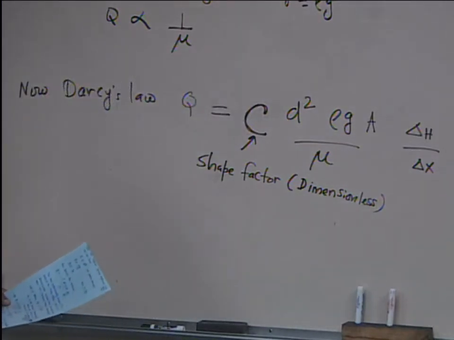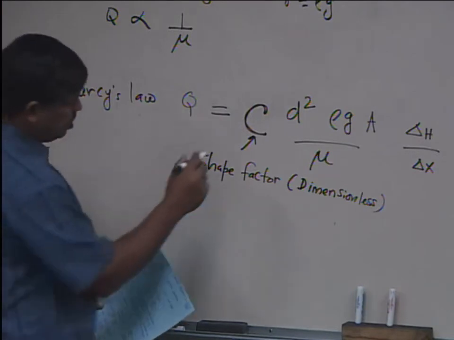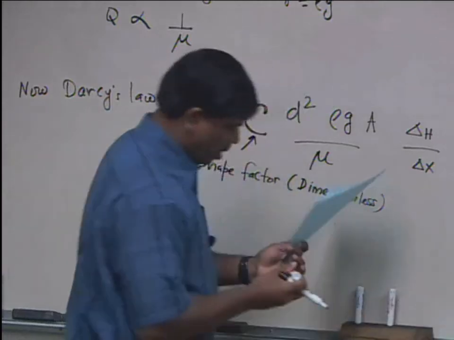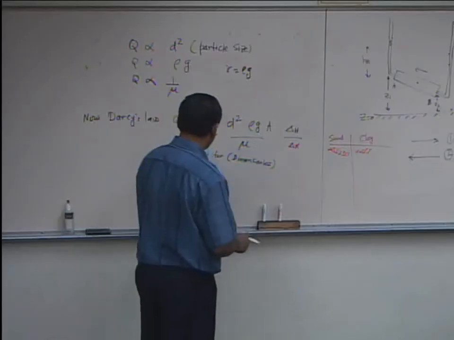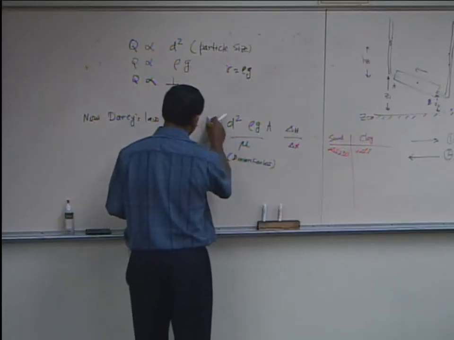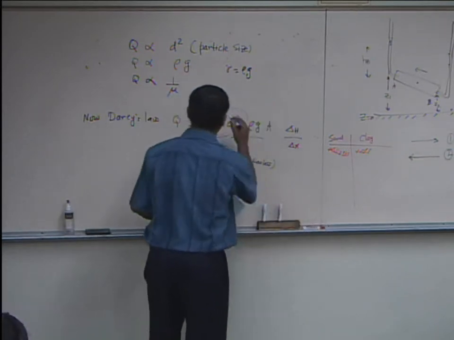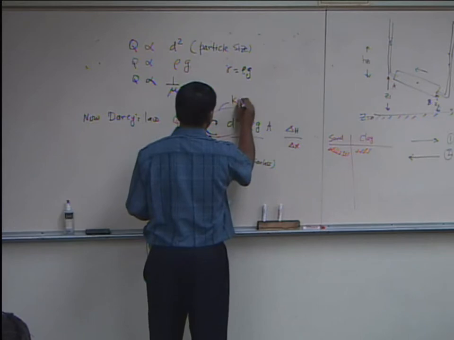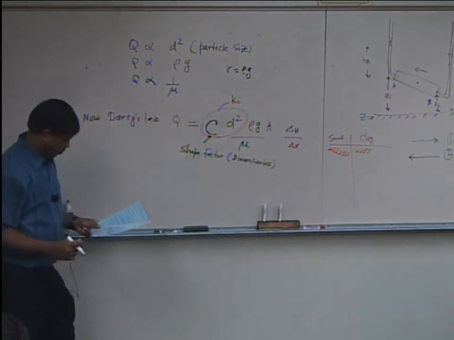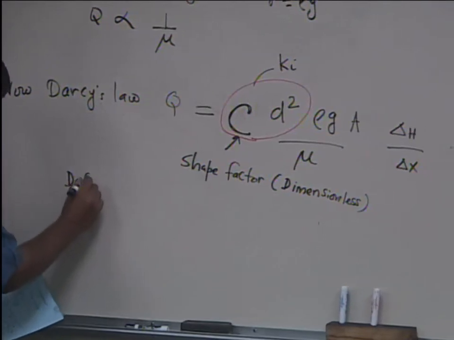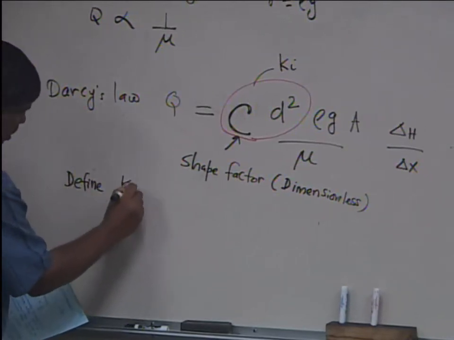Now, typically, people do not just find C. Instead, they club C and d squared together and define another constant called Ki. So this is purely a definition from tradition.